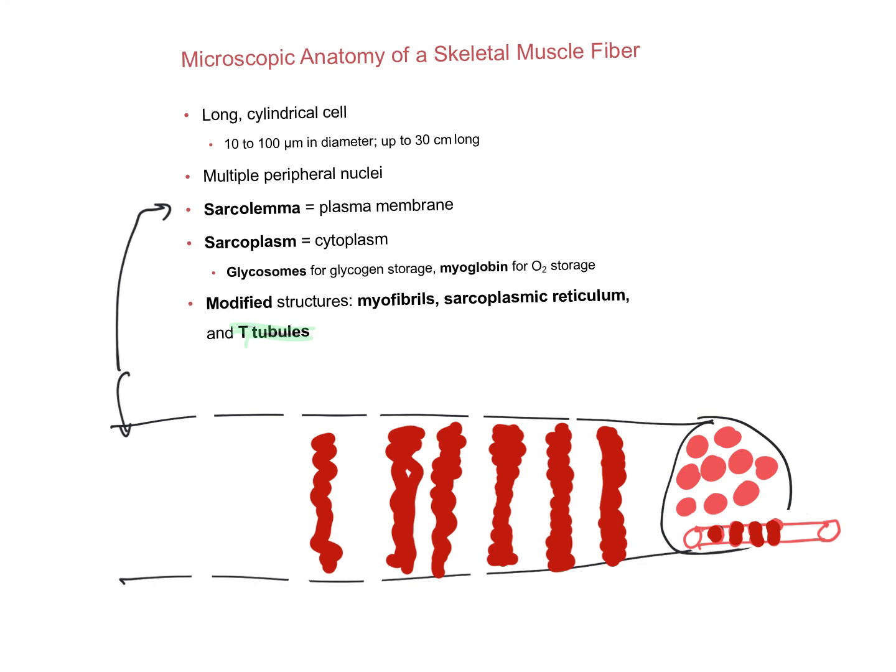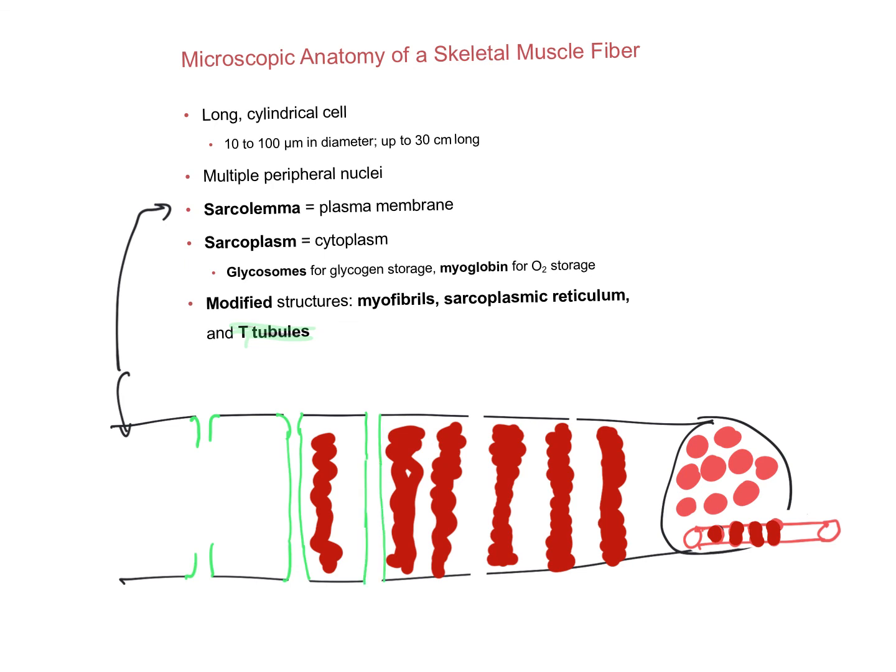And the sarcolemma actually invaginates into and empties into the cell. Okay? And it happens at normal intervals. And it will actually extend mostly all the way through, but it's underneath.